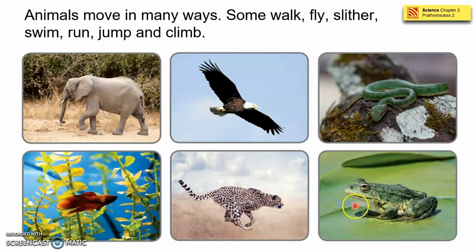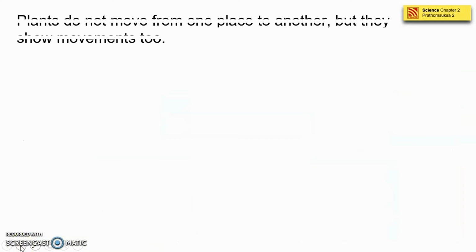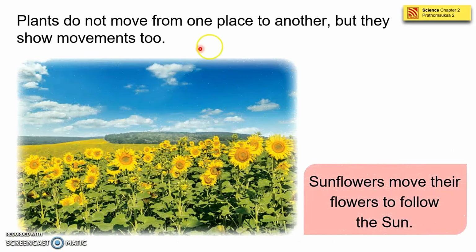So these are the animals that can walk, fly, slither, swim, run, jump, or climb. Plants do not move from one place to another, but they show movements too. So sunflowers move their flowers to follow the sun, and they can reproduce from their seeds.